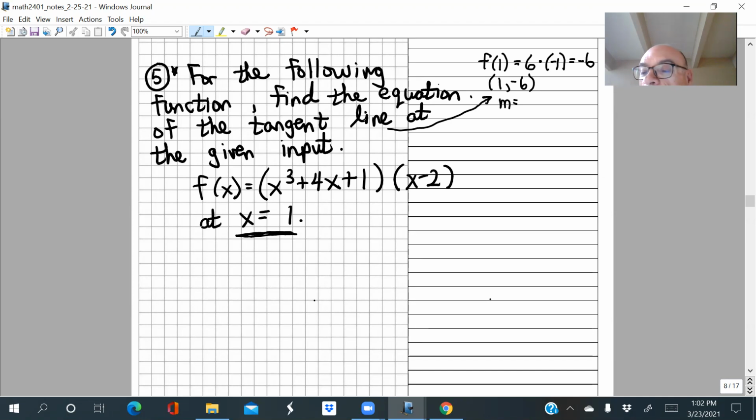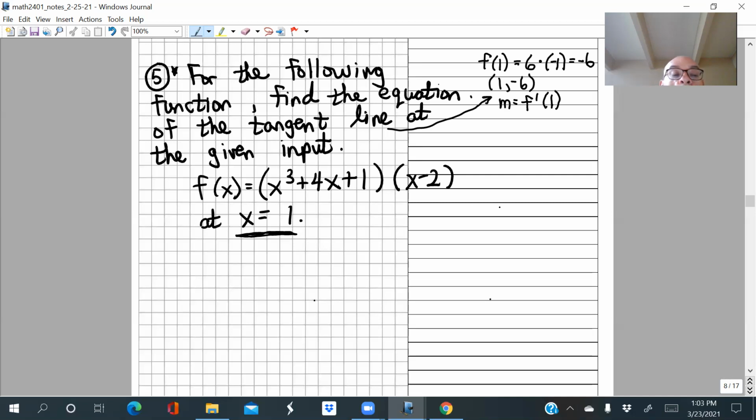Slope of the tangent line is the derivative. Yeah, okay. So to find the slope of the tangent line, we have to find the derivative at 1, right? Because that's the point where we want to find the equation of the tangent line. So the slope for the tangent line is going to be the derivative f prime at 1, okay?